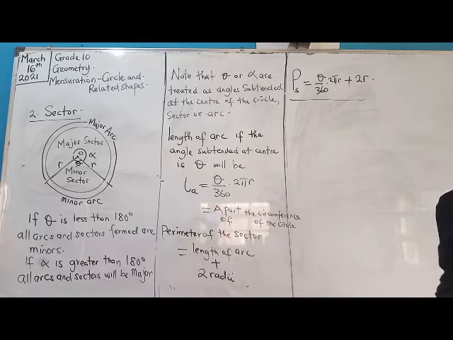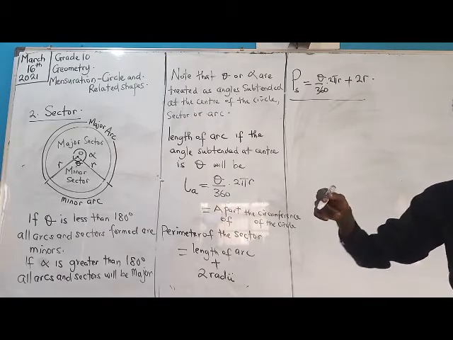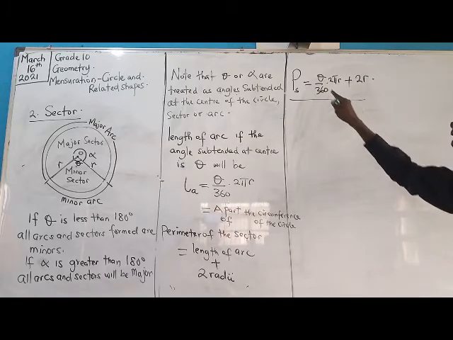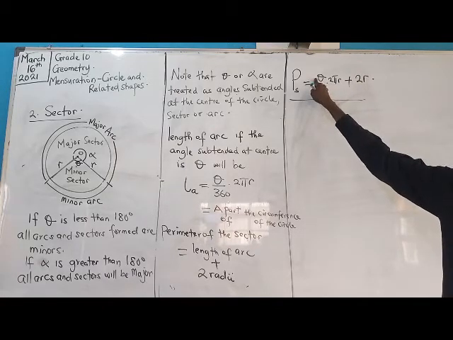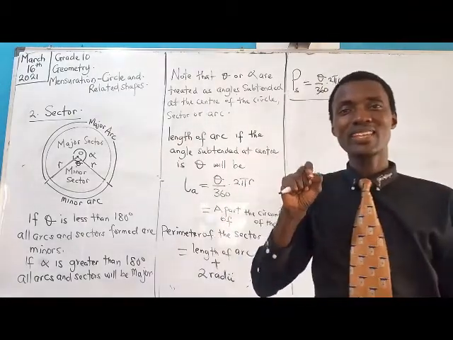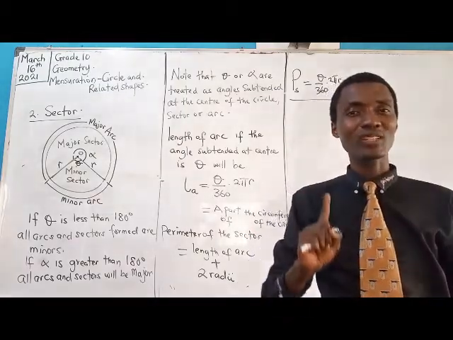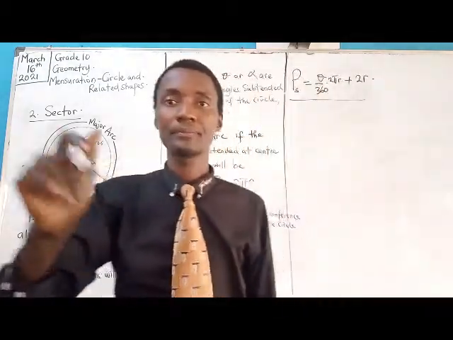So finally, whether it is a major or a minor sector will depend on what theta is. If theta is above 180, the sector is a major one. If theta is below 180, the sector is a minor one.